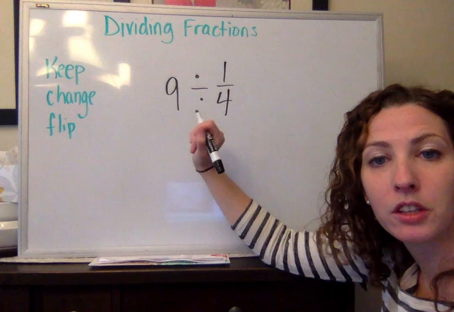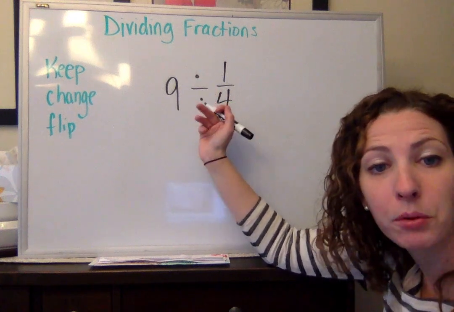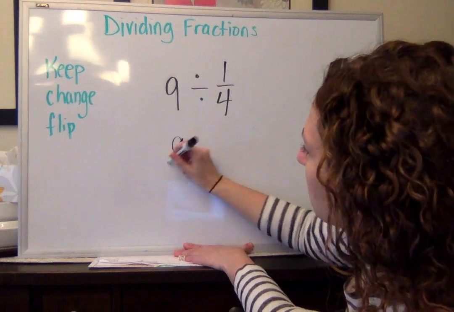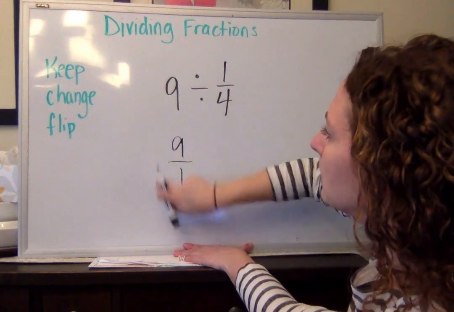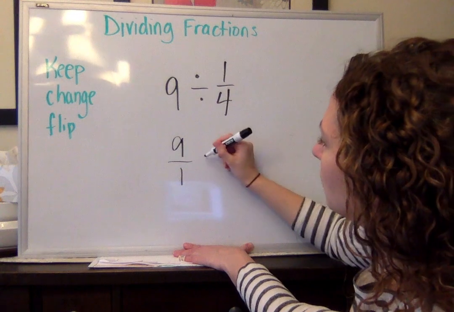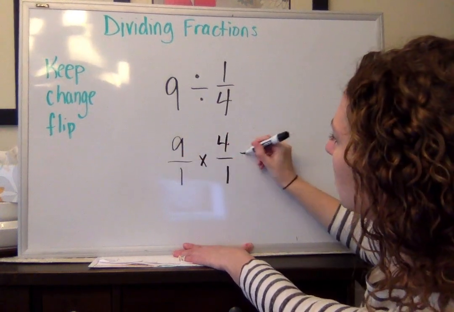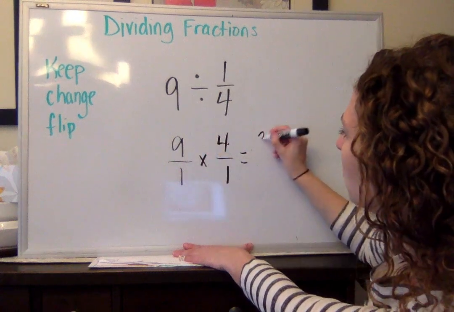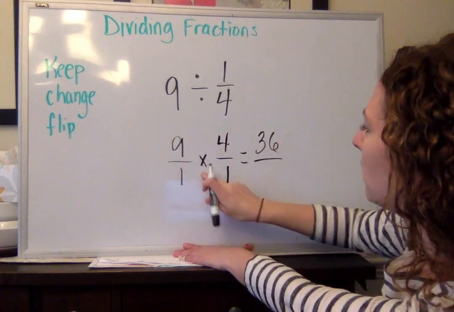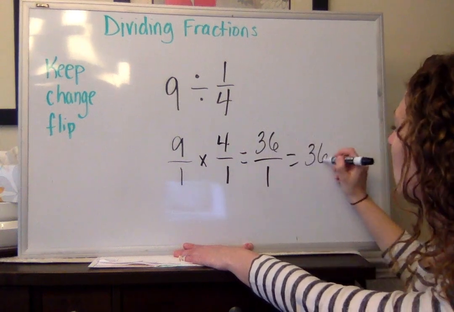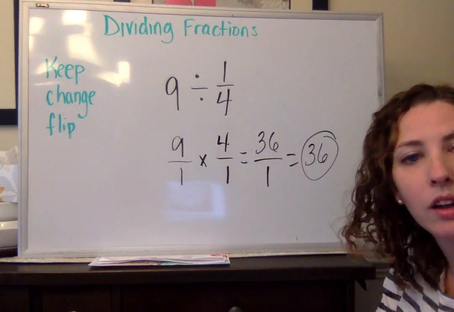I'm going to put a 1 under that 9 because I need to make that whole number into a fraction in order to divide it. All right? So that's going to be 9/1. Keep that the same. Change your division to multiplication and flip the second fraction. 9 times 4 is 36. 1 times 1 is 1. 36/1 just equals 36. Okay?